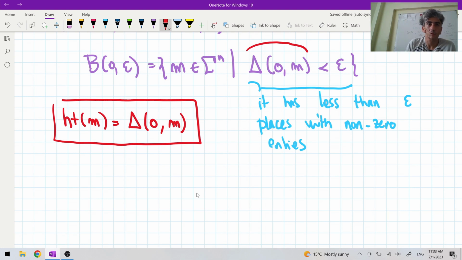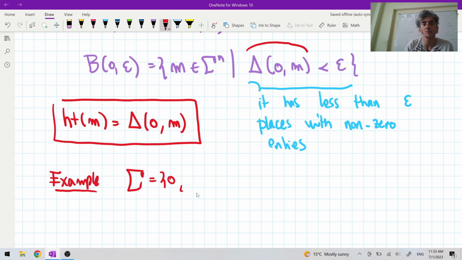For example, let's take sigma, which is the alphabet of 0 and 1, which is simply the finite field F_2. Let's take block length 4. Okay, so we're dealing with sigma to the 4th.